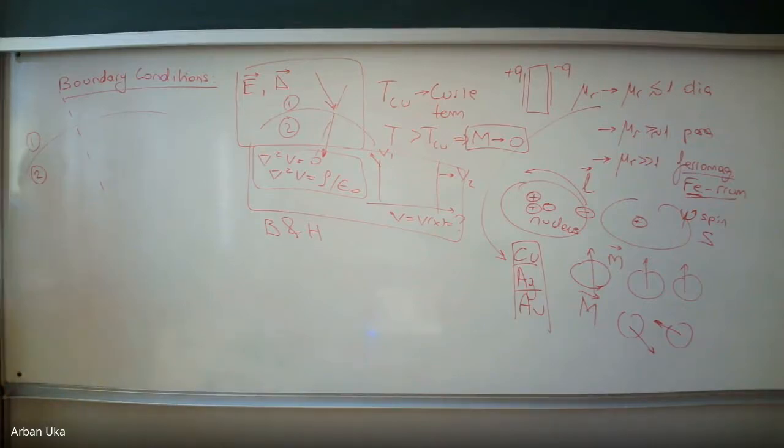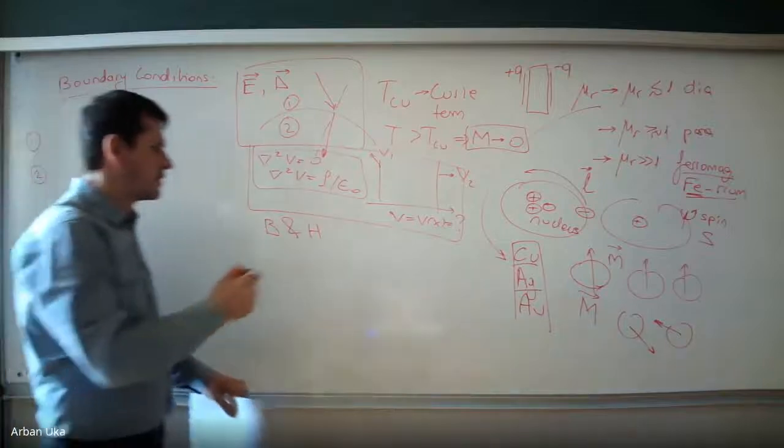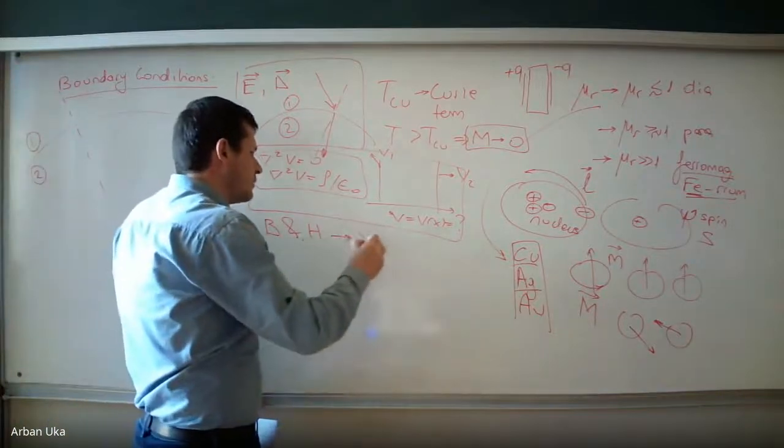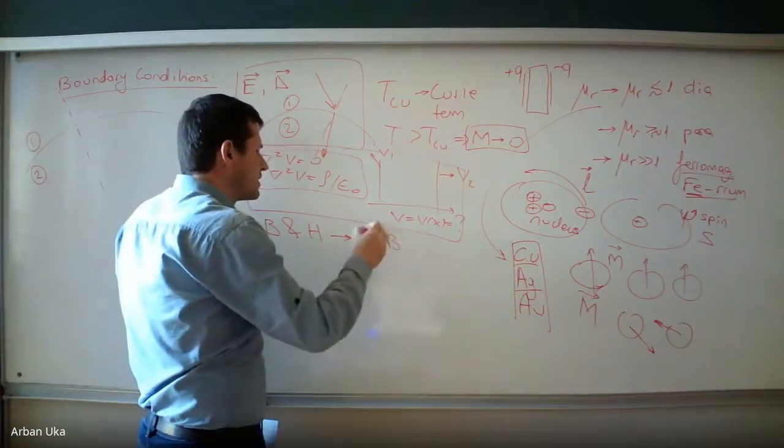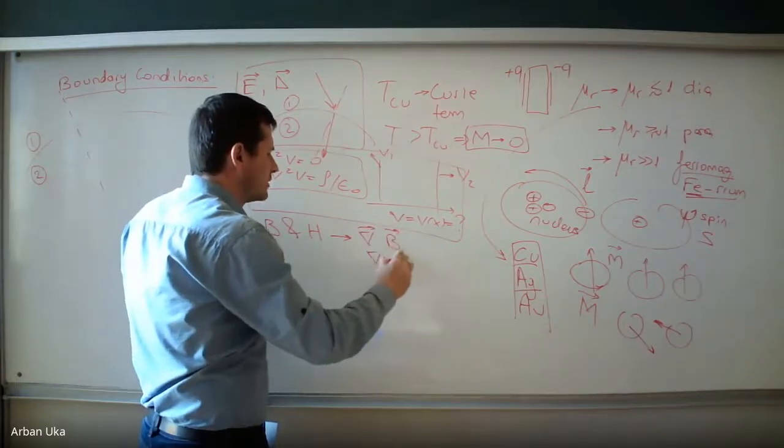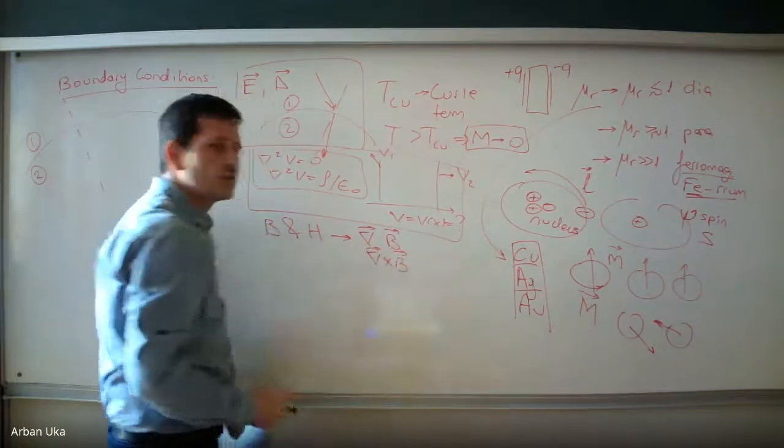Now, regarding these, all we need to do is implement two postulates, right? What do the postulates report most of the time? Please don't forget these. The postulates always report what is the divergence and what is the curl. Okay? So this is what we always use.